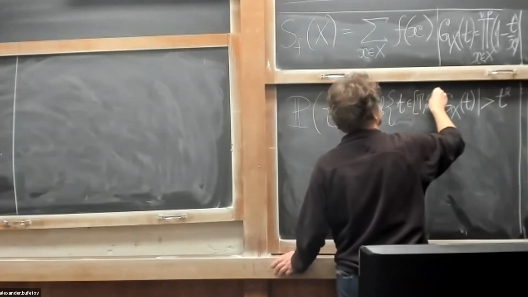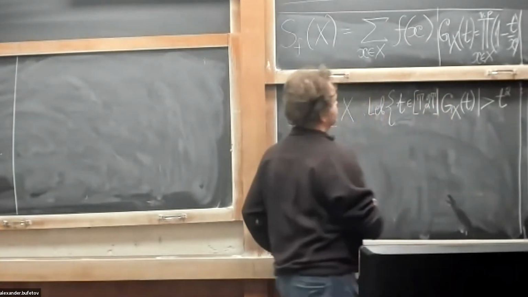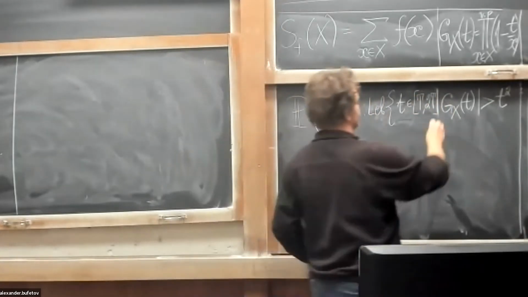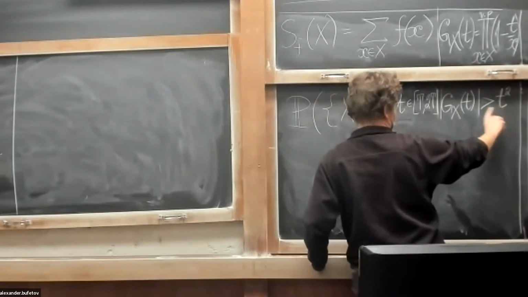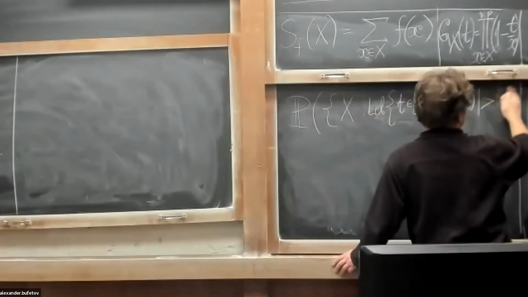So there is a big number T, and this is bigger than T squared. I can also write T large squared because at this point it's the same.